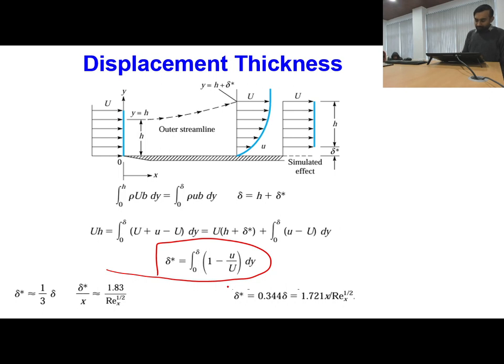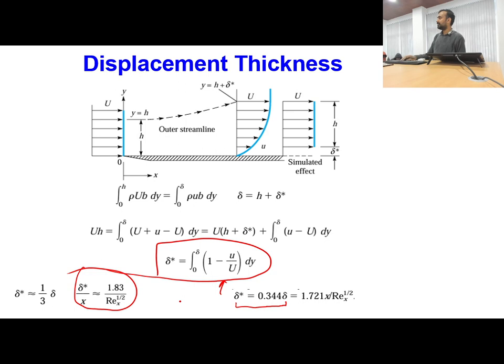One important point now: if I have calculated the velocity profile u by U, if I approximated it, then I can substitute u by U over here and calculate the corresponding formulation of my displacement thickness also. So you can see that displacement thickness will be nothing but 0.334 times delta for your particular case.